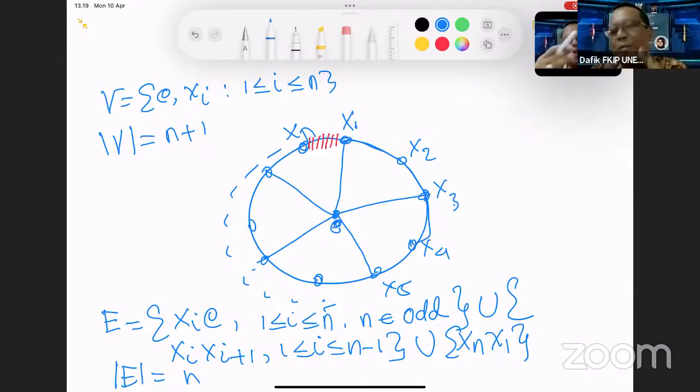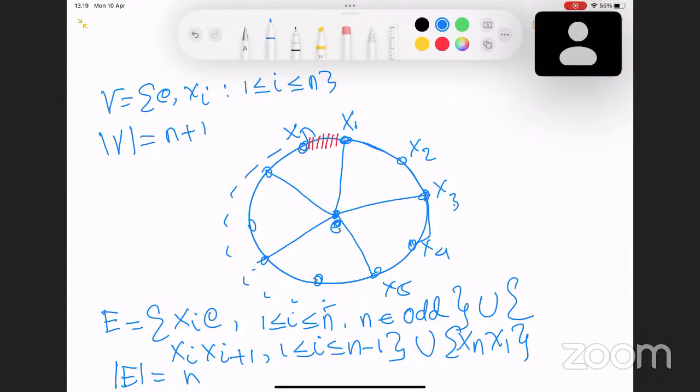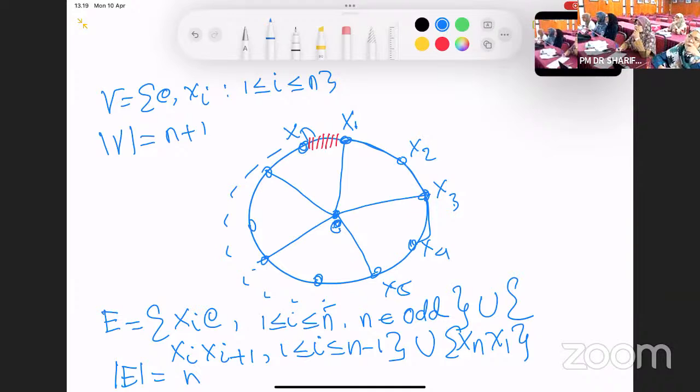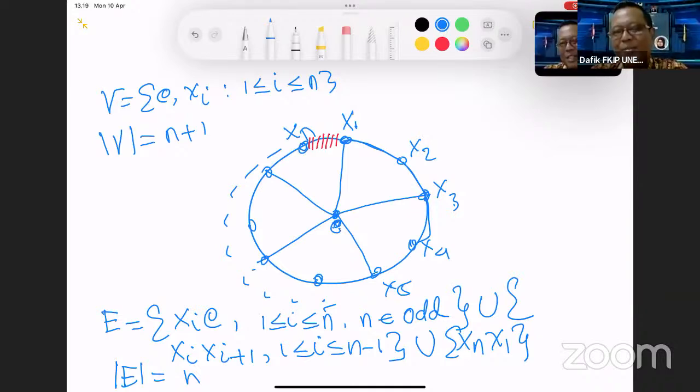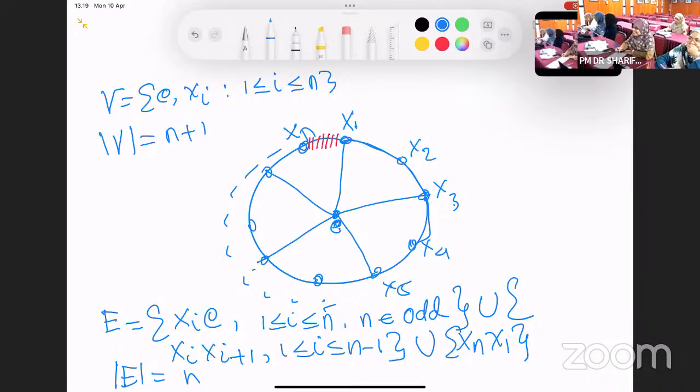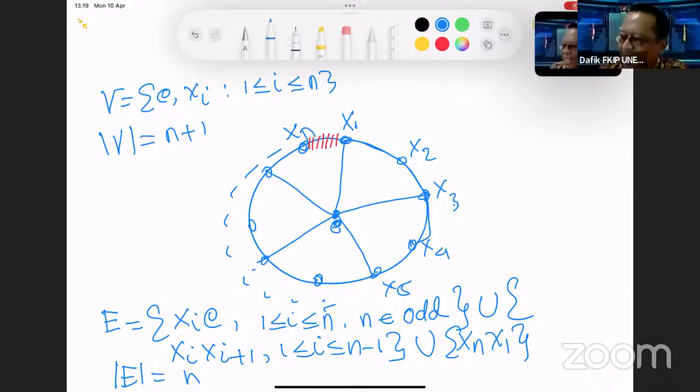If you consider 1 up till 10, what are the odd ones? 10 divided by 2 is 5. 1, 3, 5, 7, 9. So if it is 11, what is it?